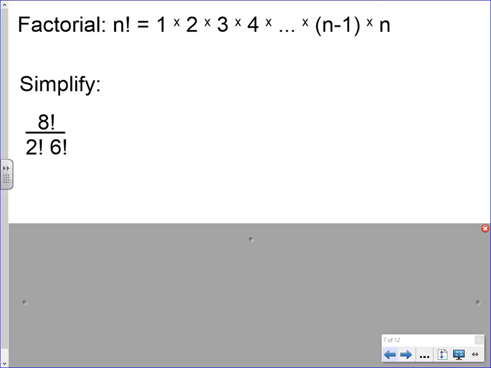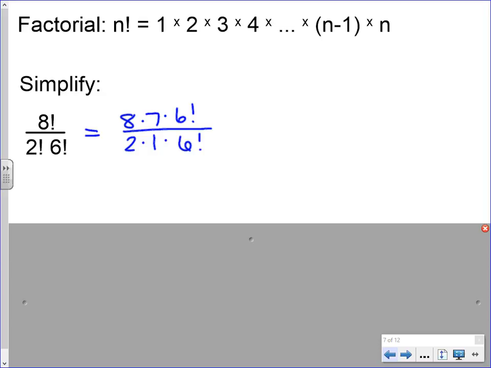What does 8 factorial mean? 8 times 7 times 6. Now, to save some time, what could I write this as right here? I'm going to go ahead and do that, so that down here I can write 2 factorial is 2 times 1, and then times 6 factorial.